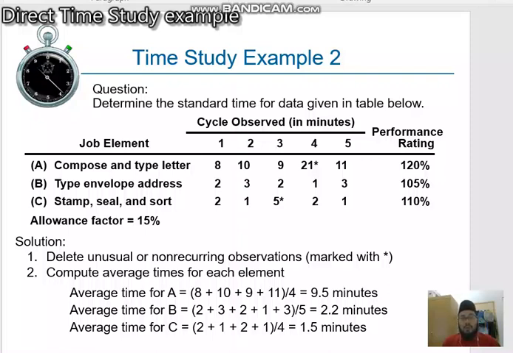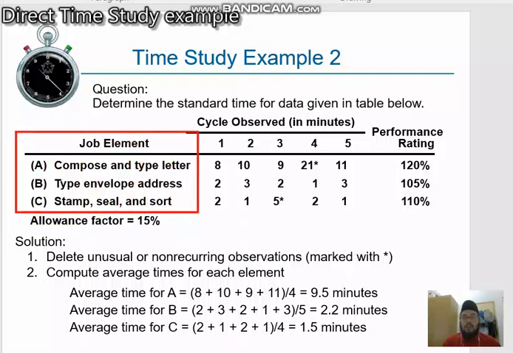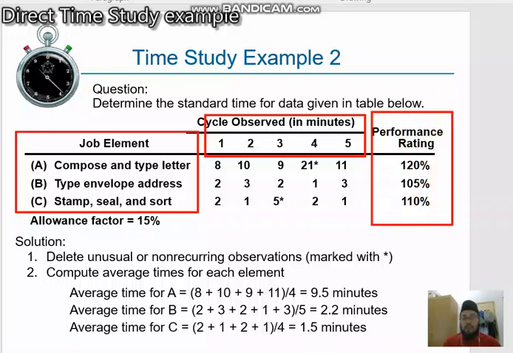First, we can see that there are 3 job elements: A, B, and C. We have 5 observation times for each element. A performance rating is given for each element. For example, for element A, the performance rating is 130%.